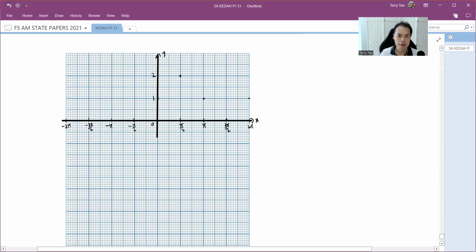I'm missing the point. So here, 2. Maybe I should pause, then go down. This part can be better. Still a bit ugly. Down and up.